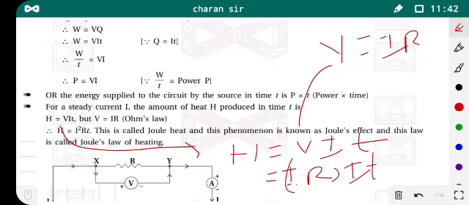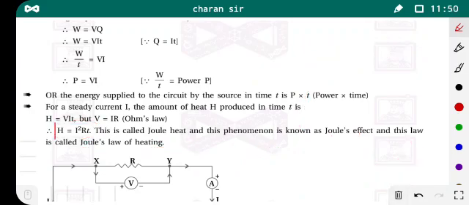You get I into I, that is I square, R as it is, and T. So I square RT is your heat. This gives the amount of heat that can be expended by the resistance when we apply a potential difference by the battery or whatever electric cells you use.